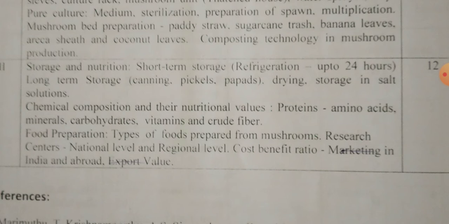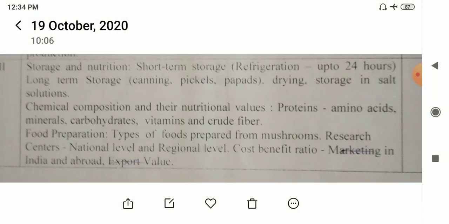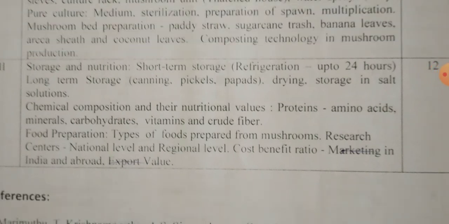In the same unit you will study the chemical composition and nutritive value of the mushrooms. What are the chemicals present? That is the proteins, primary metabolites and secondary metabolites, amino acids, minerals, carbohydrates, vitamins, fibers, how much they contain and what their role is in the mushroom. And the food prepared from the mushroom, what foods can be prepared, such as mushroom manchurian and some specialized food items.